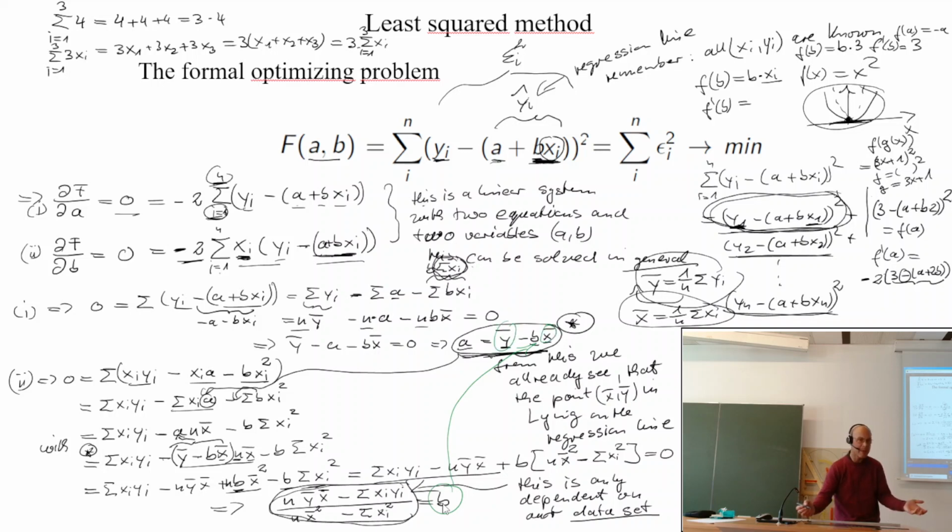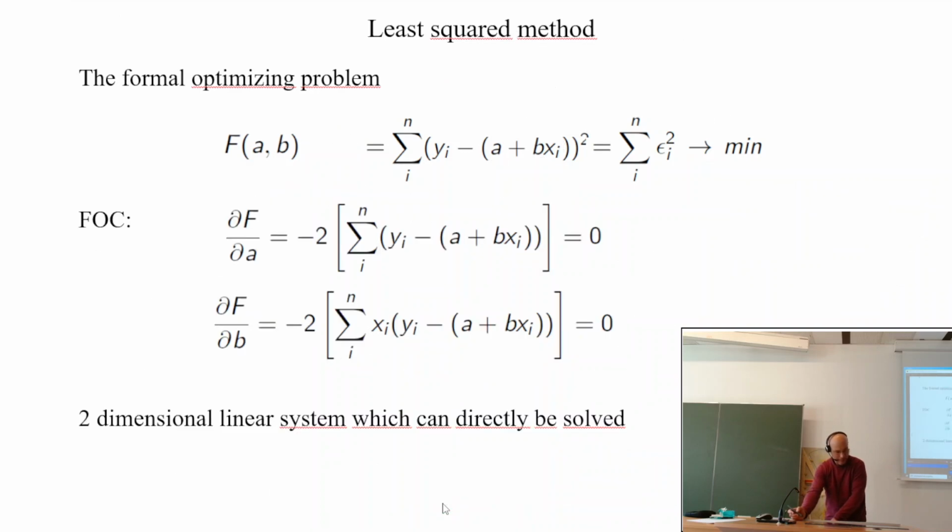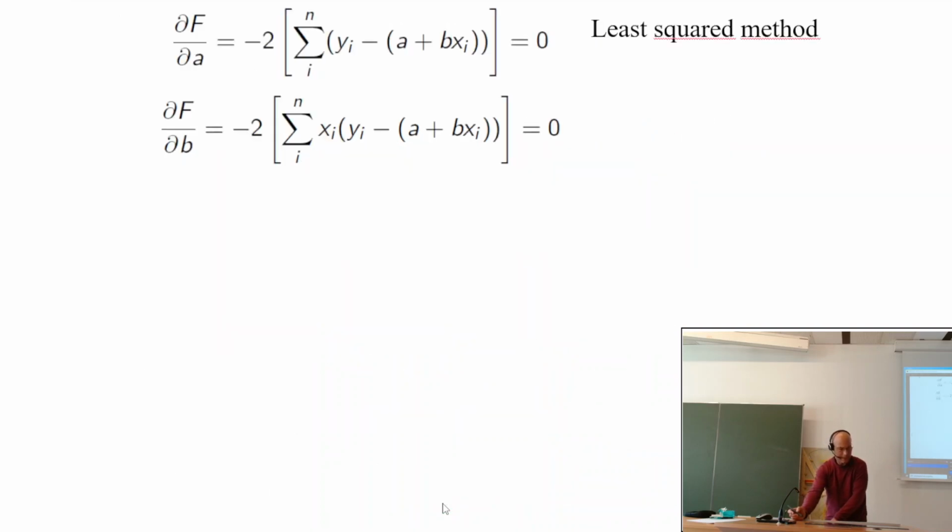X bar and y bar are also known. So from this condition that x bar, y bar are also lying on our regression line, we can then backward also calculate our parameter a. Well, here are also the conditions, the calculation we have done on the other slide. This we can then also skip.